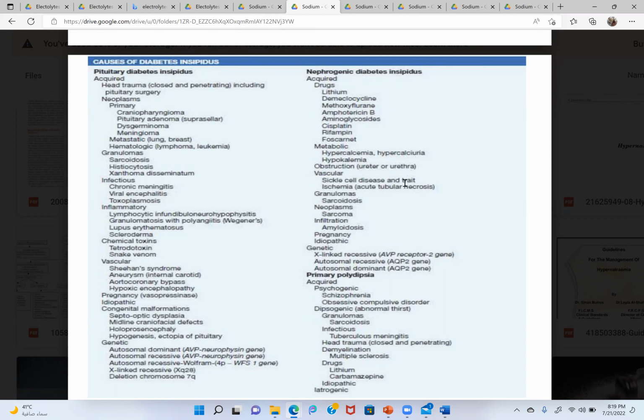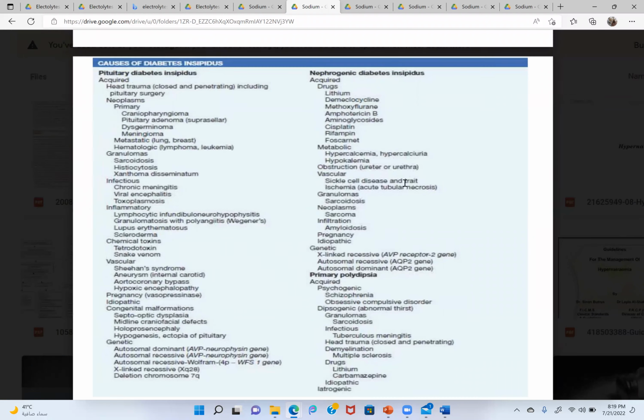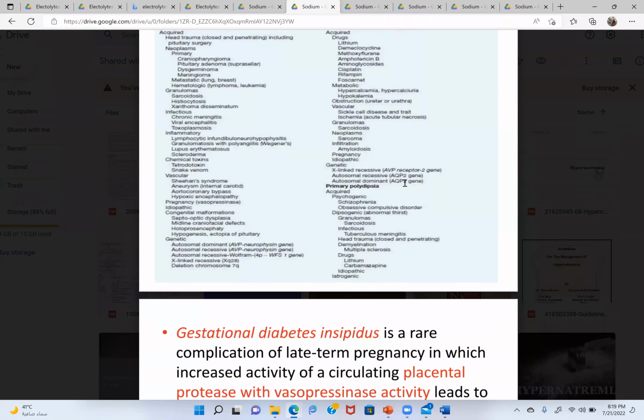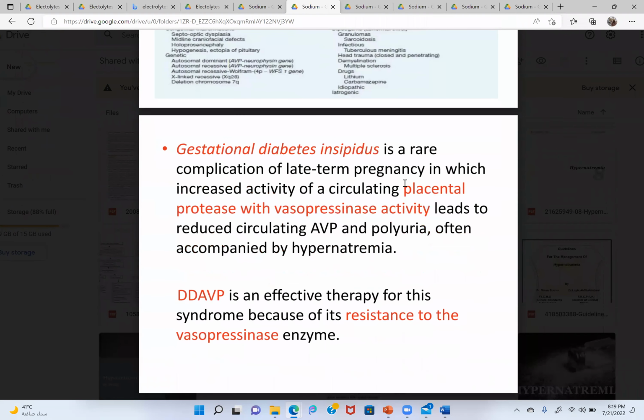So these are the causes. Gestational diabetes insipidus, I told you yesterday about it as well: circulating placental protease with vasopressinase activity leads to reduced circulating ADH and polyuria, often accompanied by hypernatremia.